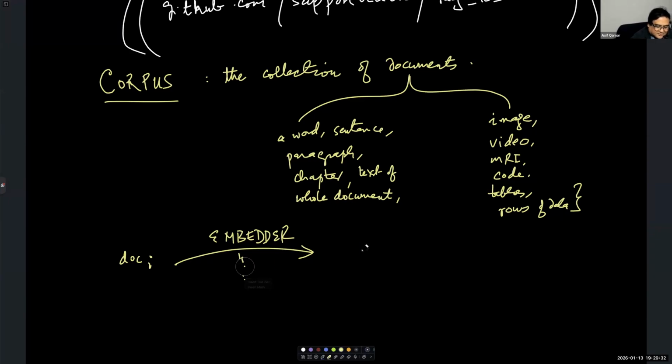Let's call this vector vi. Let's call this document xi, coming from this. This is equal to the phi of xi. Is this notation reasonably clear, guys? All I'm saying is the phi is the embedder that, given a document, produces a vector.